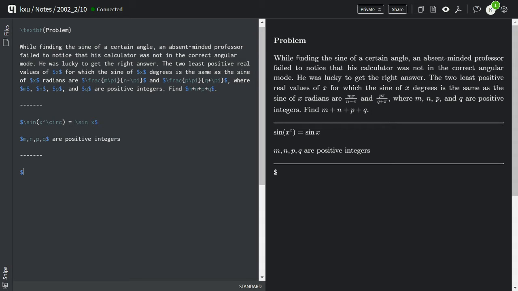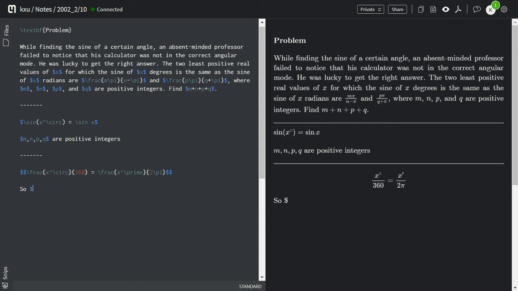So we begin the conversion. So x degrees over 360 is some x prime radians over 2 pi.